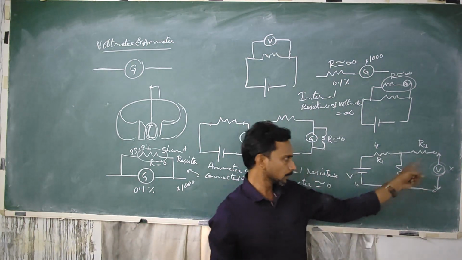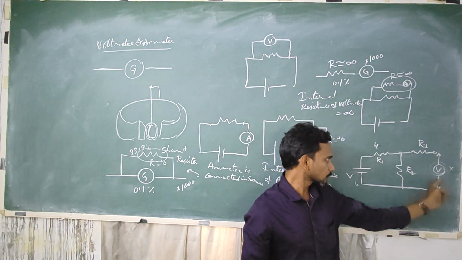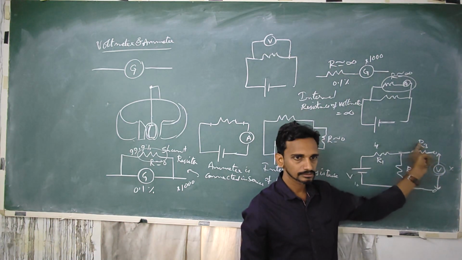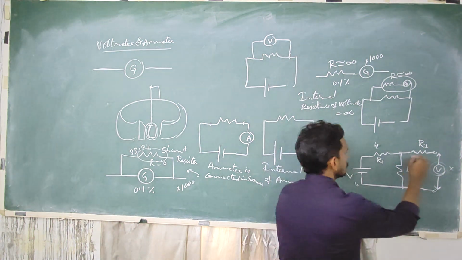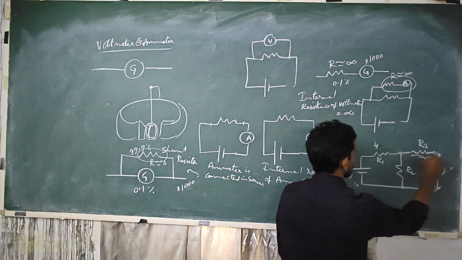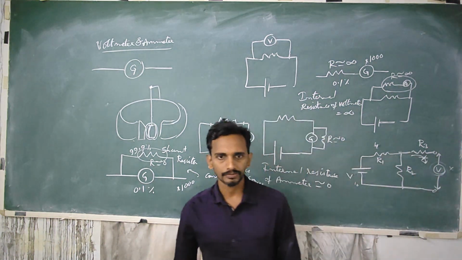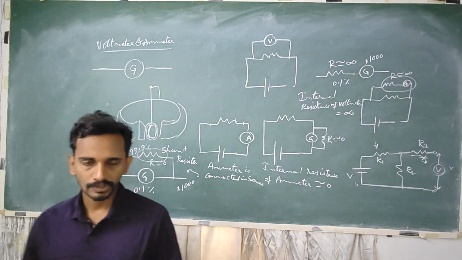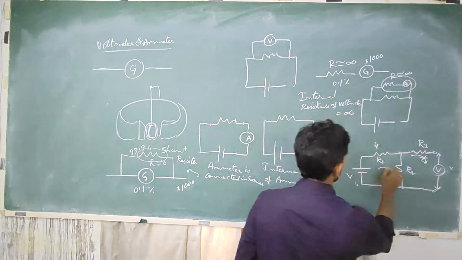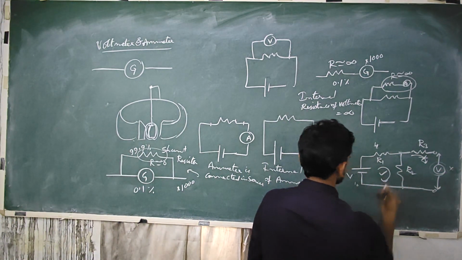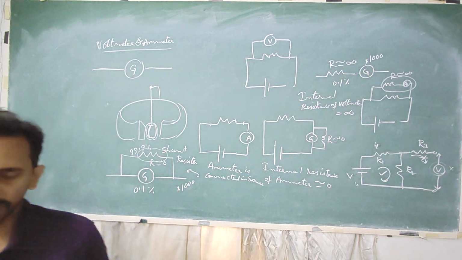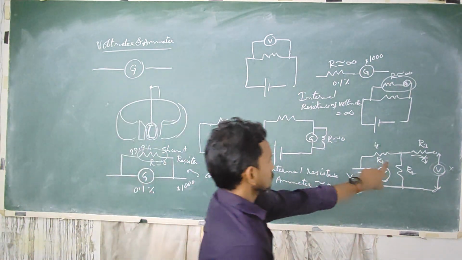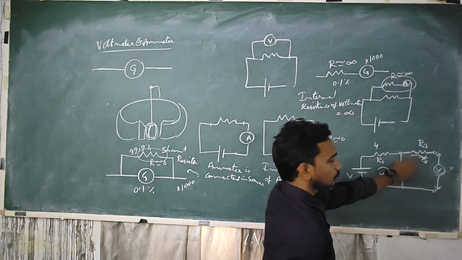So when the circuit is open, no current flows through this. End of the story, there is no current flow through R3. So the entire current will flow only in this loop. If you connect a voltmeter there, you will get the voltage drop across R2.